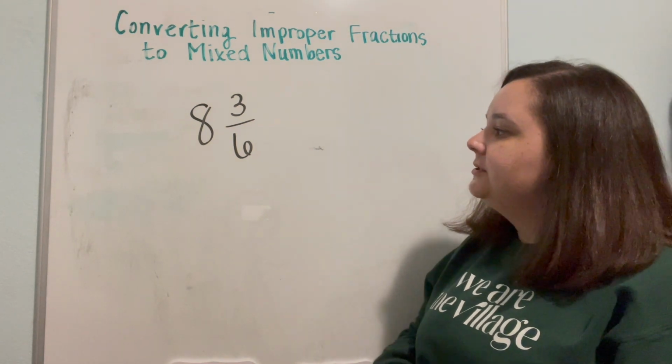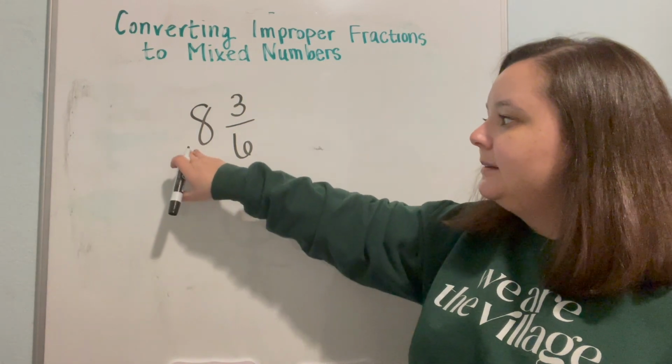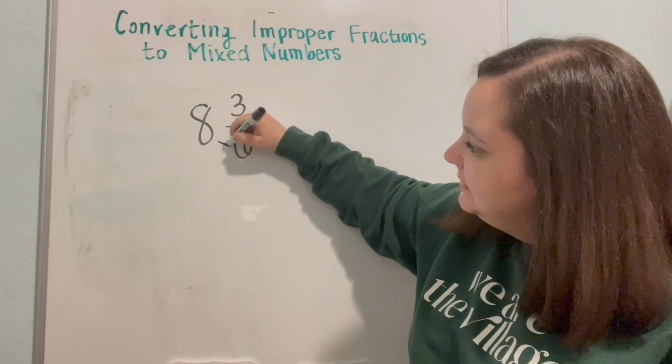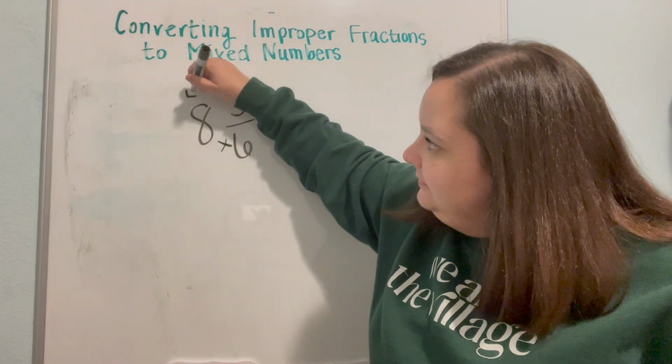The first thing you do is take your denominator, or the number on the bottom, and multiply it by the whole number. So we have 8 times 6. I'm going to put a little multiplication sign here. 8 times 6 gives me 48.